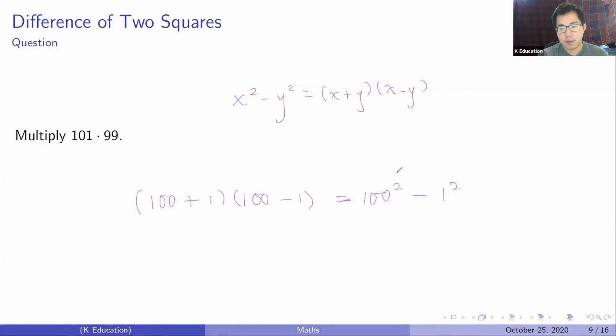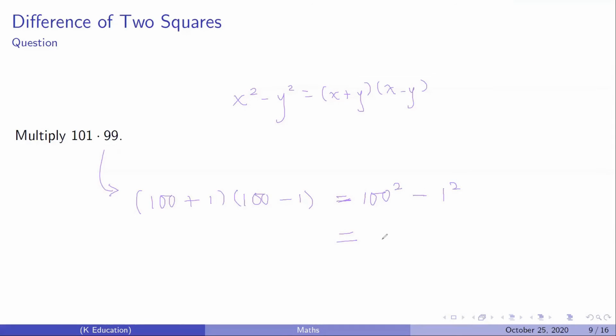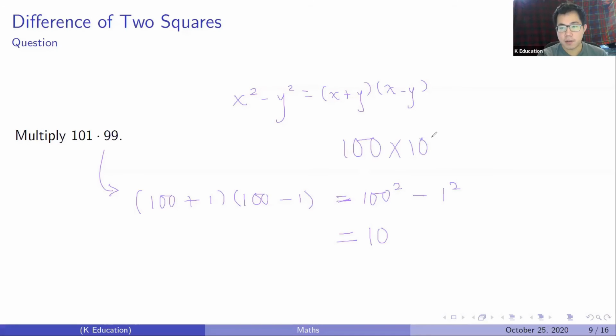Now, this is much easier to do than this, right? But these are all the same. So what's your final answer then? How much is 100 squared? It is 10,000. Yeah, 100 times 100, so you're going to have 4 zeros, so 10,000 is right.